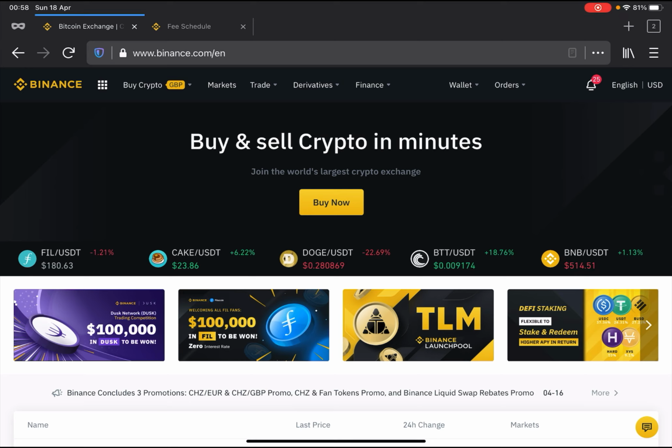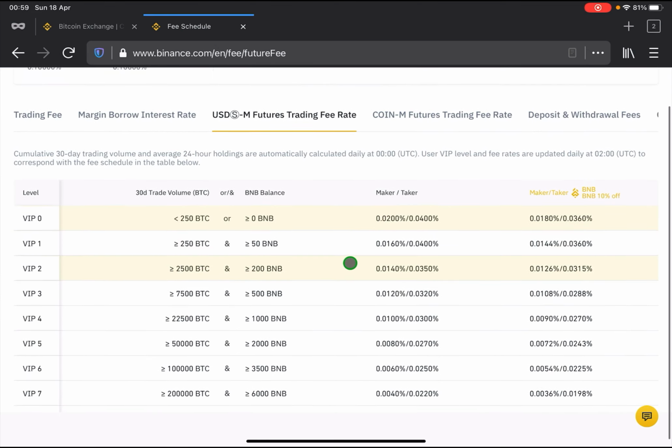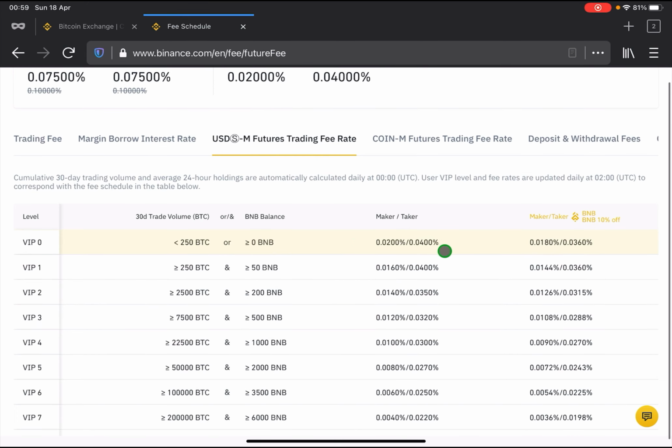Same thing. The reason why I choose Binance to trade altcoins with is because Binance has the biggest list of altcoins compared to any other exchange. I love Binance, and their fees are very low as well, compared to any other exchange. So definitely check their fees out.